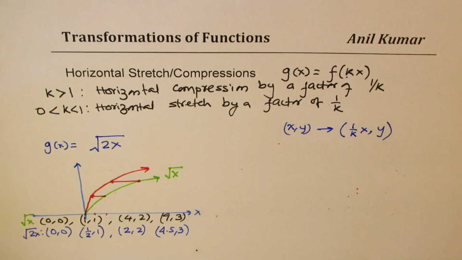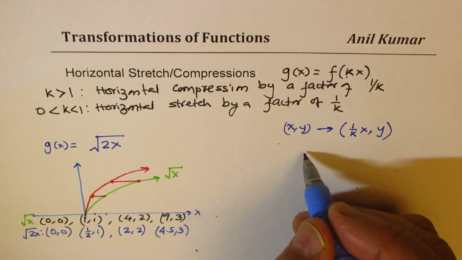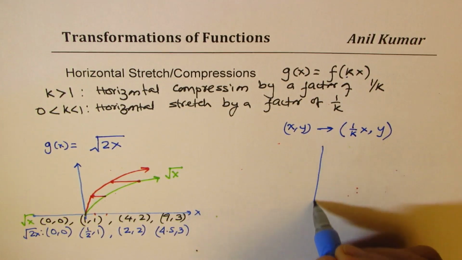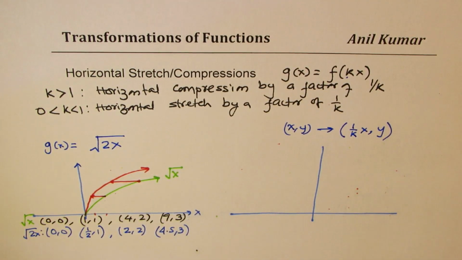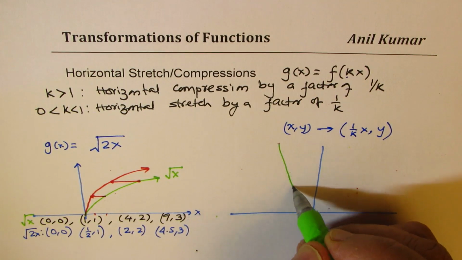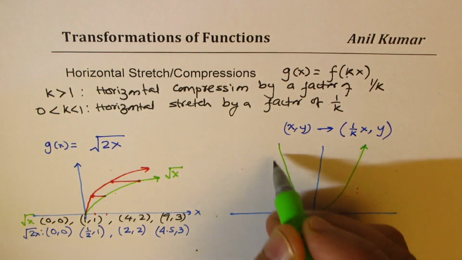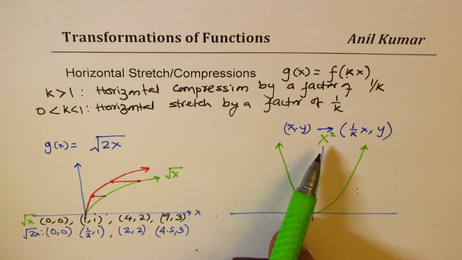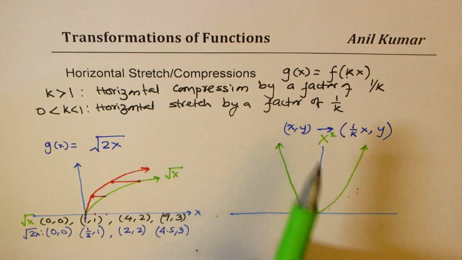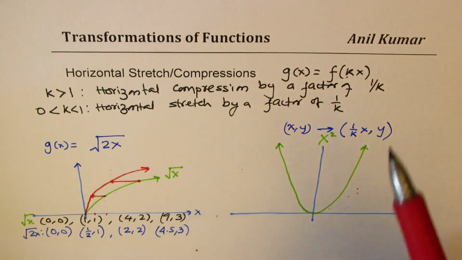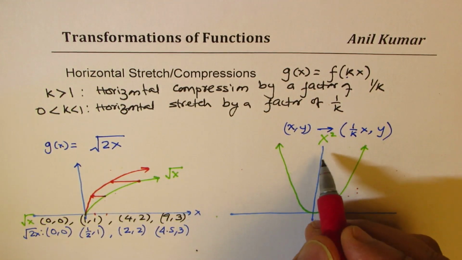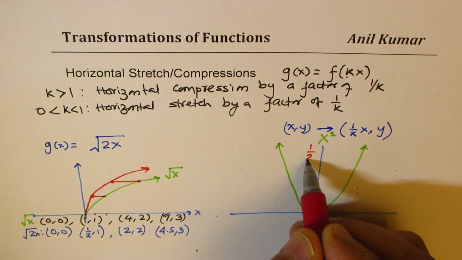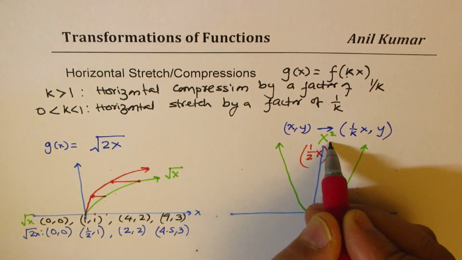So let us take a parabola this time. Let's say y equals x square. Now these are good and simple functions to consider, right? The factor is 1 over k. We'll keep this as half. So let's say it is (1 over 2 x) whole square.